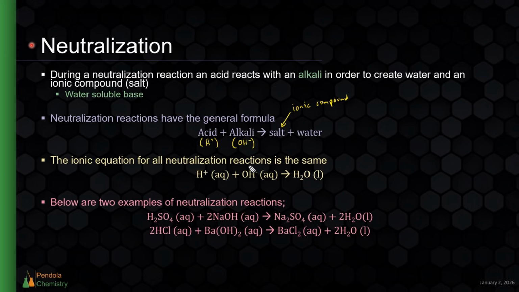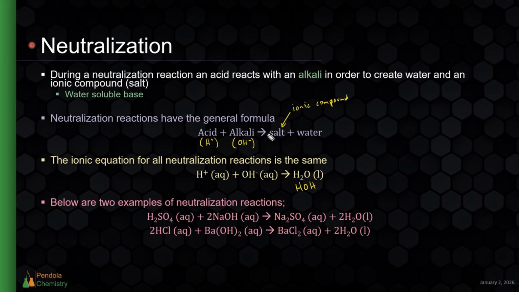They're ionic compounds with hydroxide ions. So in any neutralization reaction, the hydrogen and hydroxide ion are always present, and they come together, H+ and OH-, to create H2O. It's a little easier to see if we write H2O as HOH, which is still H2O, 2 hydrogens, 1 oxygen. You can see how hydrogen and hydroxide can come together to create HOH, or water, H2O.